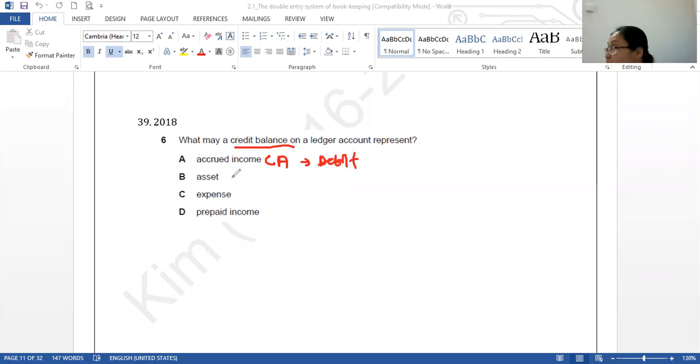Asset on the debit side. Expenses on the debit side. Prepaid income is a current liability, so current liability is on the credit side. Clear? Okay, let's move on.